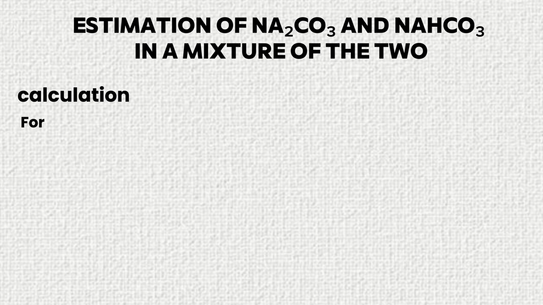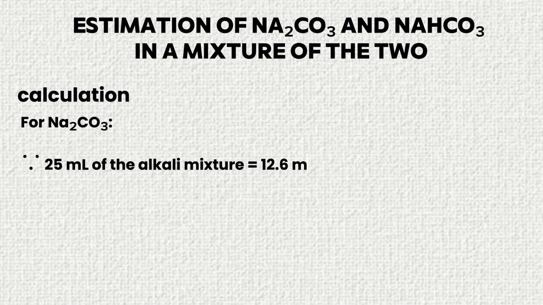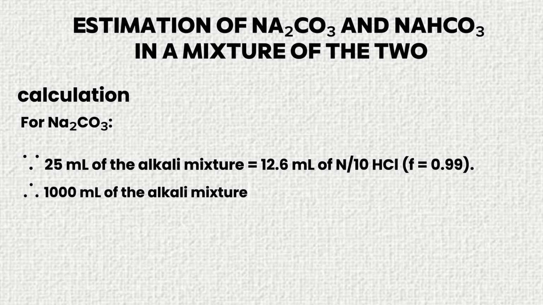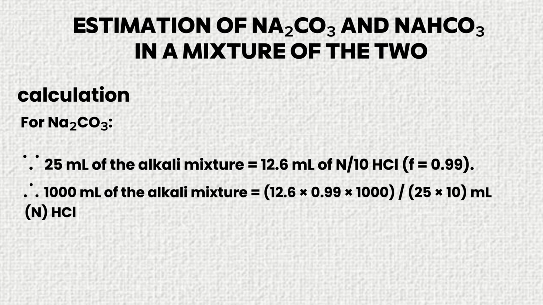For sodium carbonate, in 25 milliliters of the alkali mixture, the volume of acid required is equal to 12.6 milliliters of N/10 hydrochloric acid with correction factor 0.99. 1000 milliliters of the alkali mixture equals 12.6 multiplied by 0.99 multiplied by 1000 divided by 25 multiplied by 10 milliliter normal HCl.